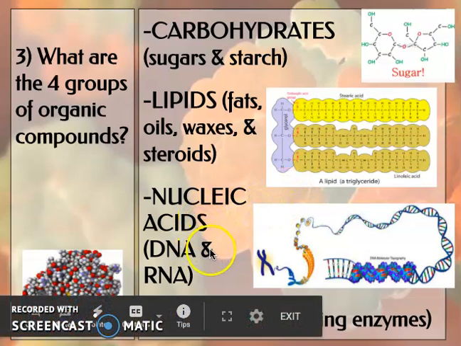Now, nucleic acids like DNA and RNA, in this picture I'm showing you DNA. If you take a chromosome and you unravel it, a chromosome is a really long, folded up, twisted strand of DNA, or a molecule of DNA. If you look down at the actual elements that make up the molecules, you'd see more carbons, hydrogens, and oxygens.